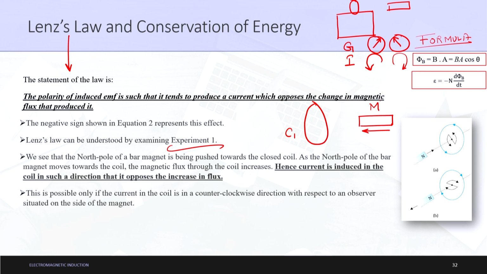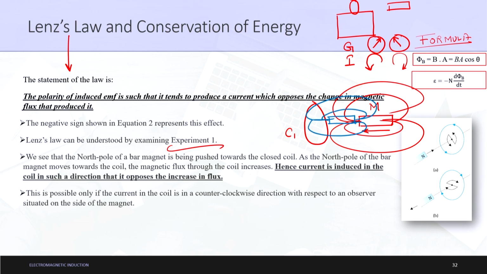It is quite clear that if these are the magnetic field lines and you move the magnet towards the coil, then after some time t the magnetic field inside the coil has increased.